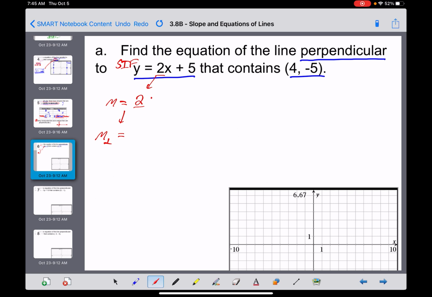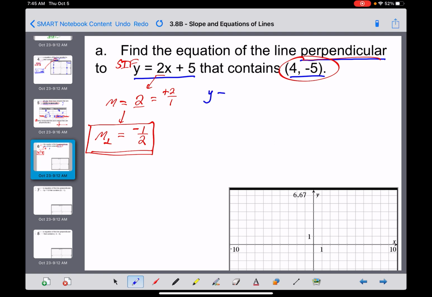So 2 as a fraction is 2 over 1. Its reciprocal then would be 1 over 2. And since the original slope was positive, our opposite reciprocal is going to be negative. So that is the slope now of our perpendicular line. We know our slope, and we know this point that it passes through. So we're going to go to point slope form again.